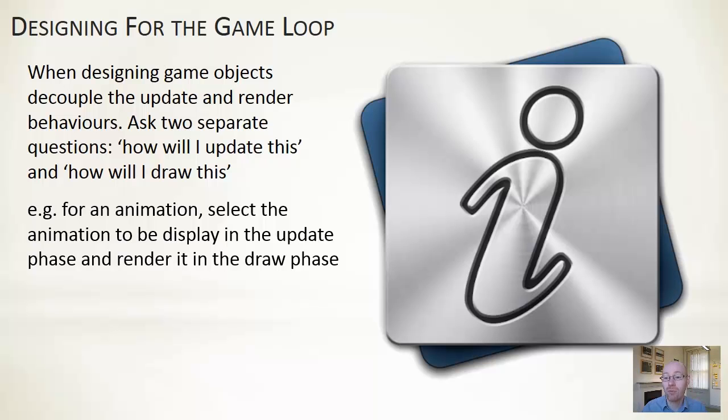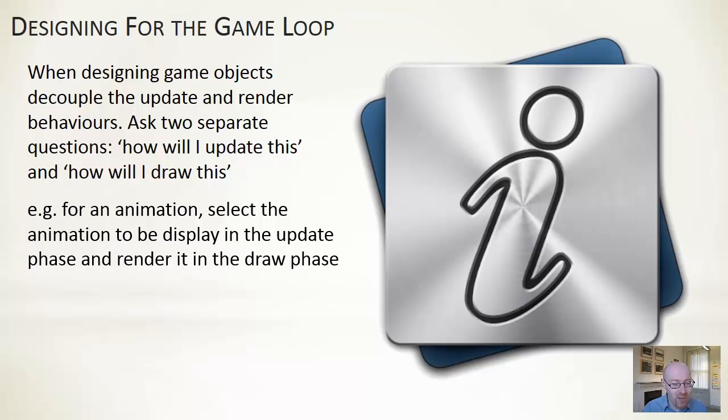And how will I draw this object? Put that aspect within the draw method. So for example, if you had an animation, the frame of the animation that you want to use at a particular point in time, you would decide that within the update, and when you're drawing it, you then draw that particular frame of animation. So do keep those two phases distinct.